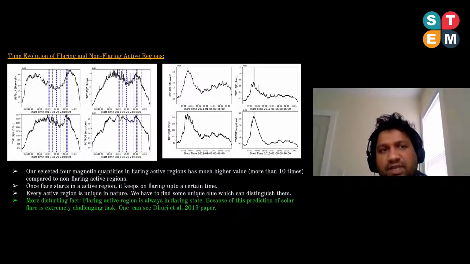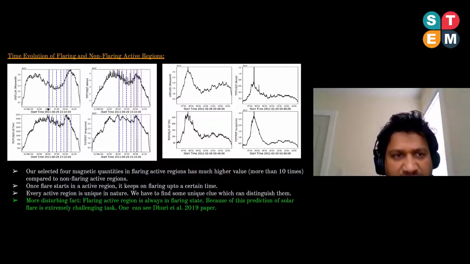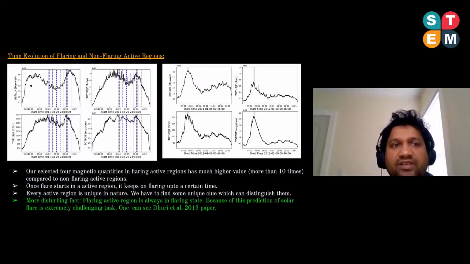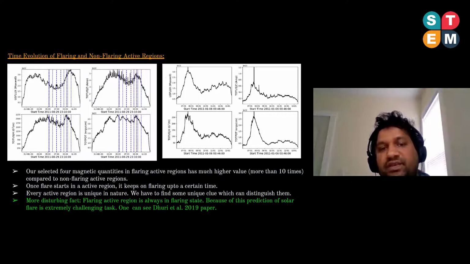In this flaring active region, a flare occurs on the 5th of September. However, the flux value is also high on the 3rd of September and before, but no flare took place. It only occurs on the 5th, and that's the problem of flare prediction. So it's an extremely challenging task.